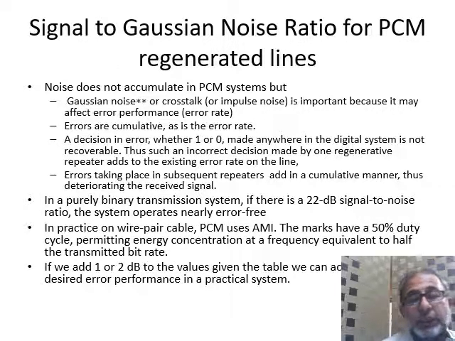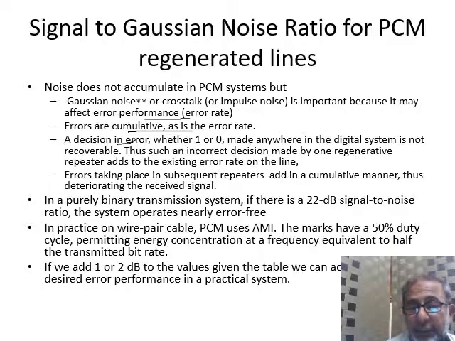Now let's see the signal to Gaussian noise ratio for a PCM generated line. Noise does not accumulate in the PCM system, but Gaussian noise, crosstalk or impulse noise can affect the error performance or the error rate. Errors are cumulative, as I've already told.